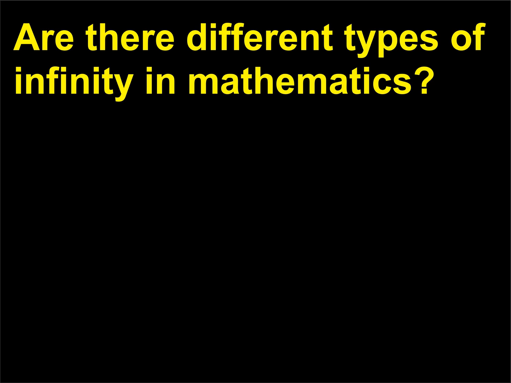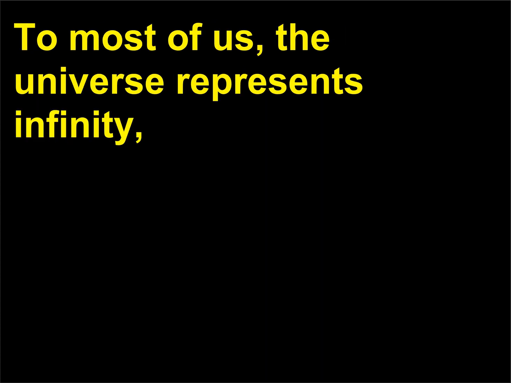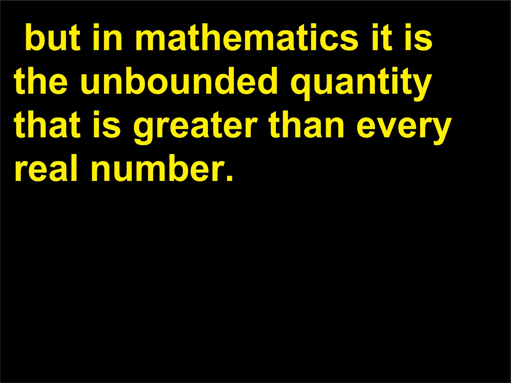Are there different types of infinity in mathematics? To most of us, the universe represents infinity. But in mathematics it is the unbounded quantity that is greater than every real number.